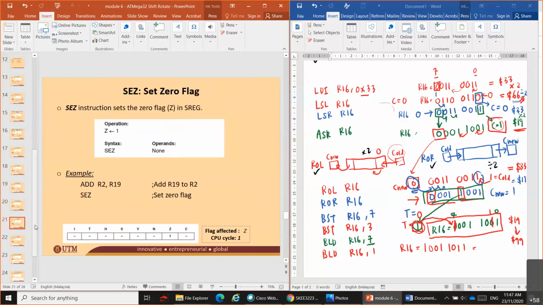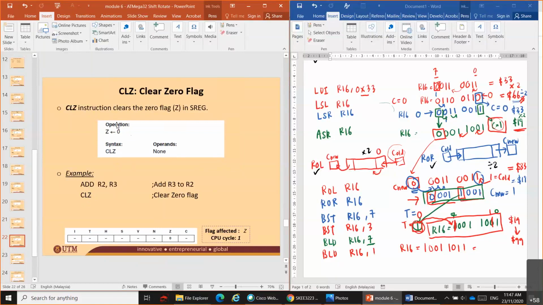Then we have the SEZ, which sets your zero flag inside your status register, so your Z equals 1. To clear this Z flag, you can use the CLZ instruction. Every time you execute the CLZ, the Z flag will become 0.